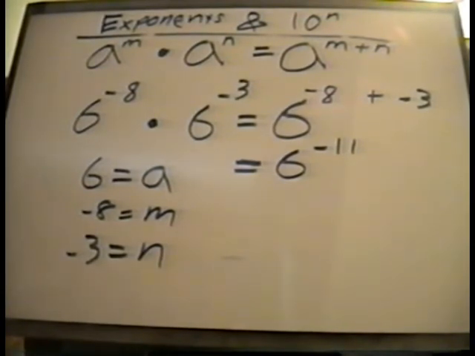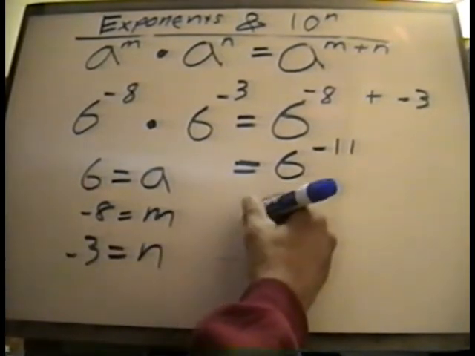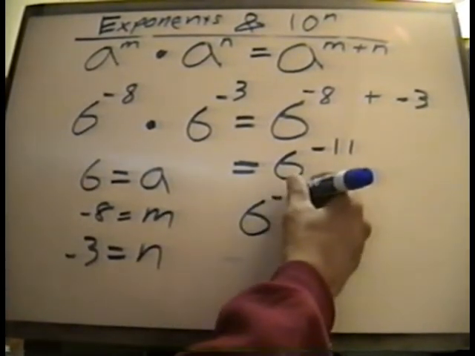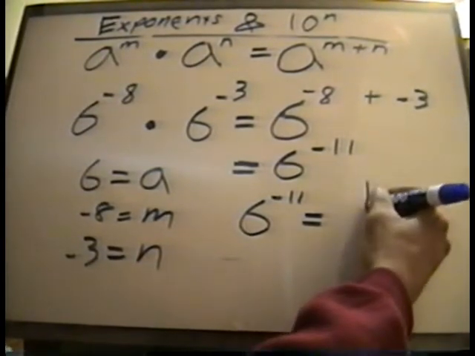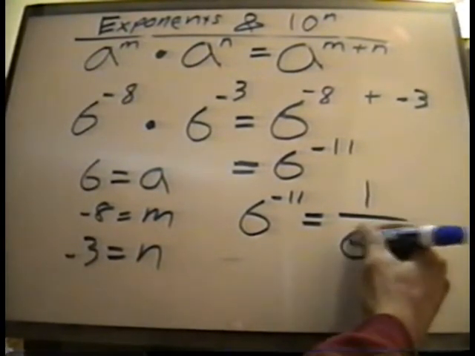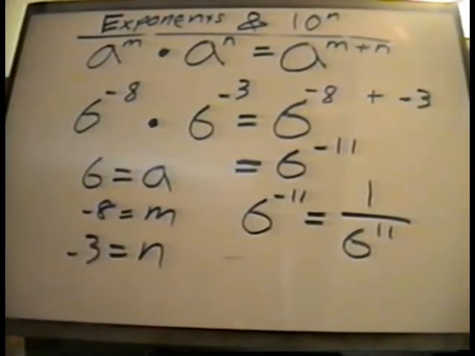And now 6 to the power of negative 11 is equal to 1 over 6 to the power of 11. We're going to get into that next, how that form is equal.